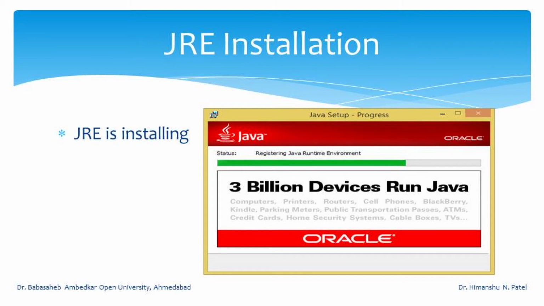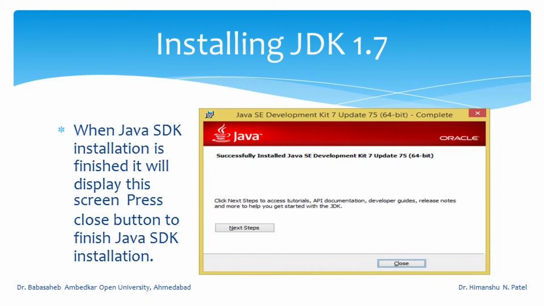Here is a screen showing how JRE is installed. It also shows one progress bar, and when JRE installation is finished and JDK installation is finished, it will display this screen, and then you have to press the close button to finish the Java SDK installation.